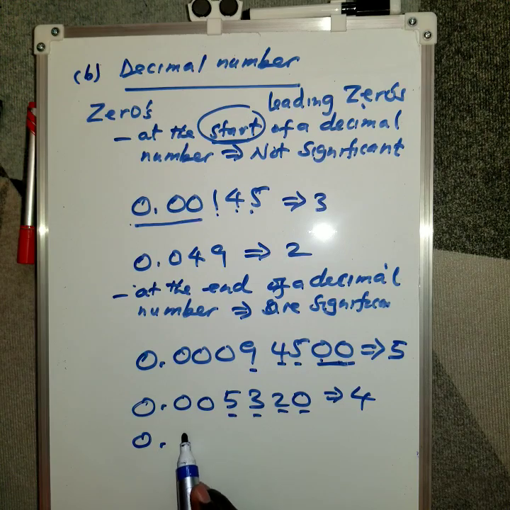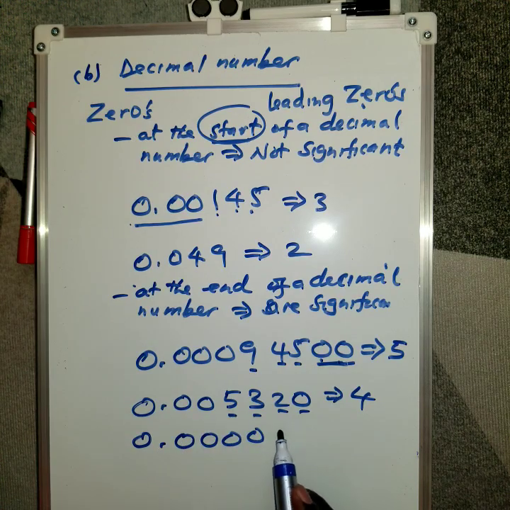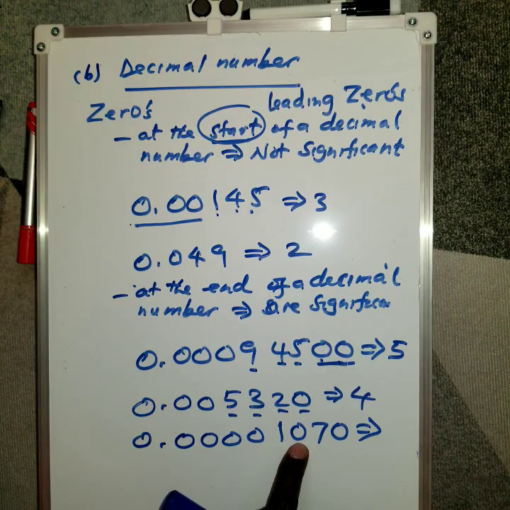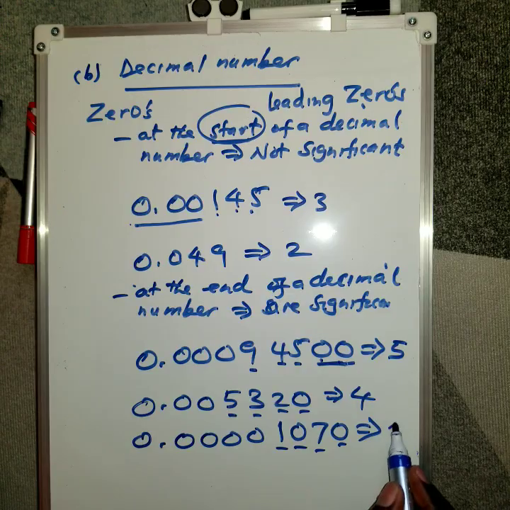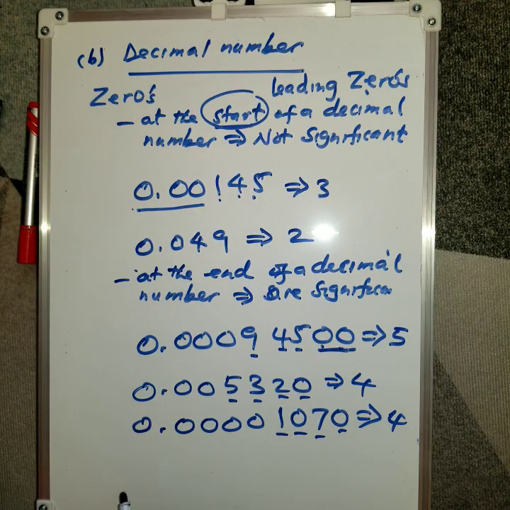Suppose I have this one and 0.0001070. How many significant figures are there? Well, again, if the zero is between two non-zero digits, it's actually considered significant. So you're going to count 1, 2, 3, 4. So it simply means there are 4 significant figures. That is what we mean. Suppose you had this number here, maybe 23.00246, and they told you to say how many significant figures are there.